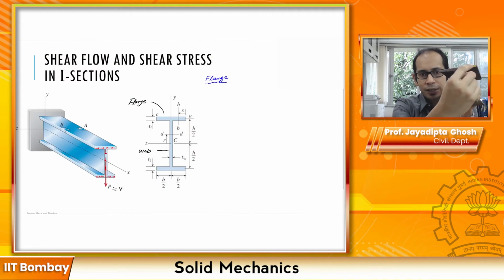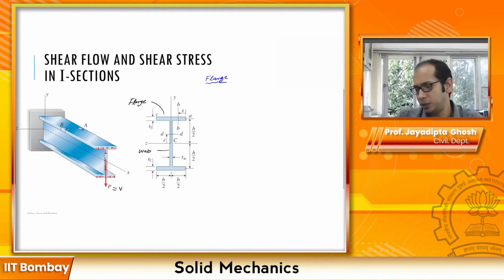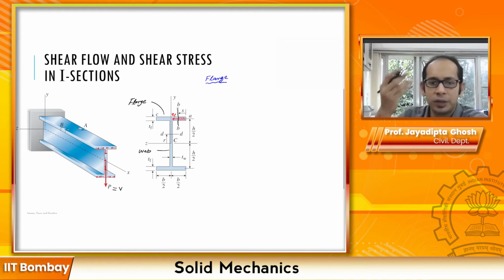I'm trying to find the arrow over here, what is the magnitude of the Q that acts at the edge where I have drawn this section BB. So what is the value of Q or tau in the flange that I'm trying to get? Let's write that out.